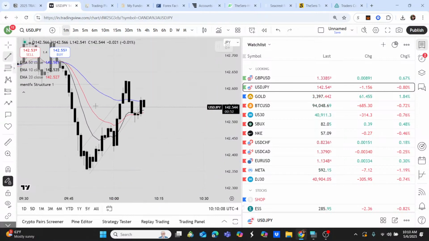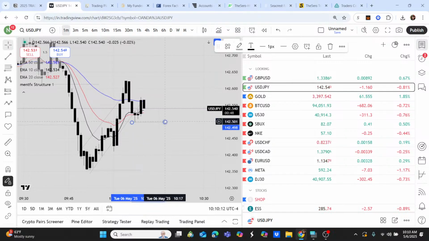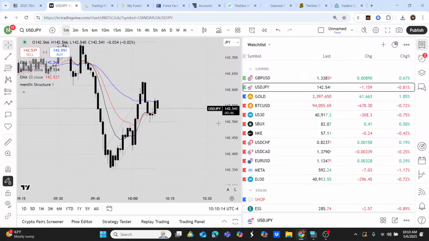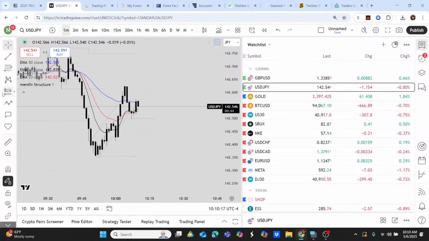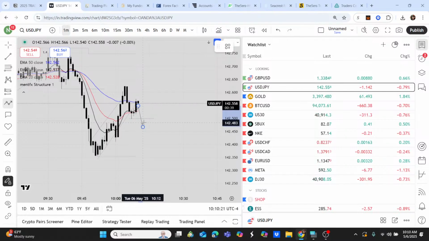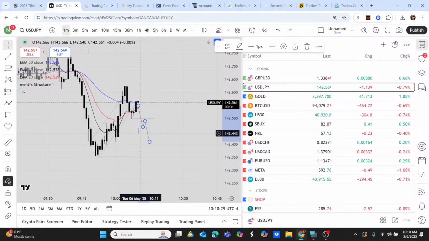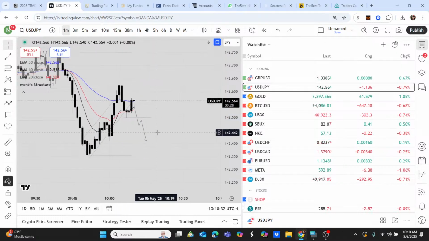Instead, what I'm going to be waiting for is for price to break this low right here, and then redo the same thing. So basically, price needs to move through that low, pause, and then I'll sell stop, because at that point this will be the first leg of the structure. This would be the second leg I would be getting involved in, like that.